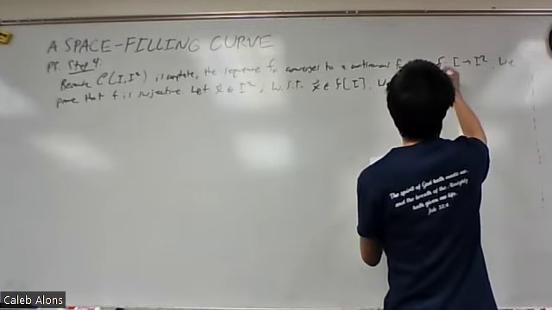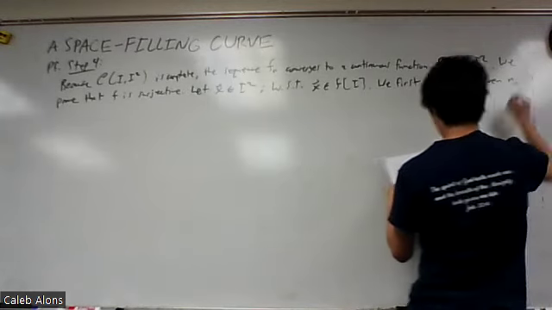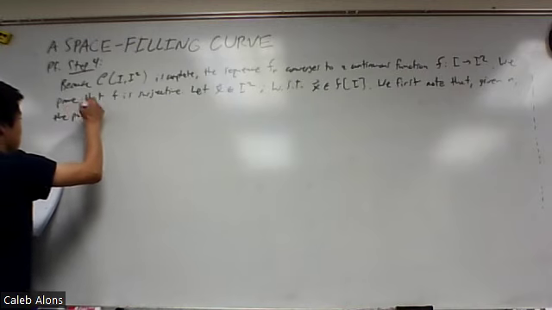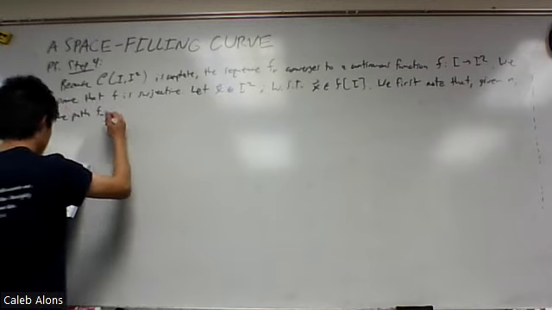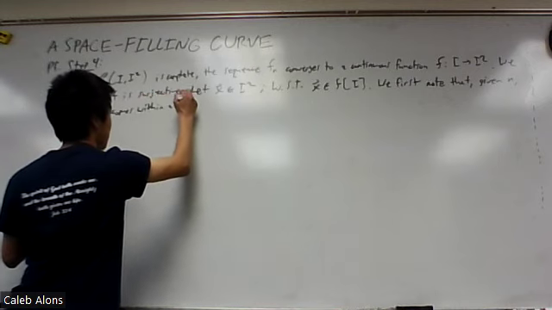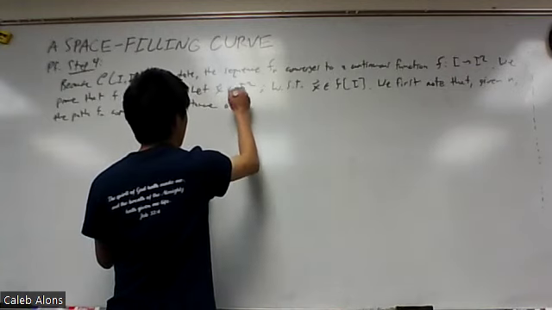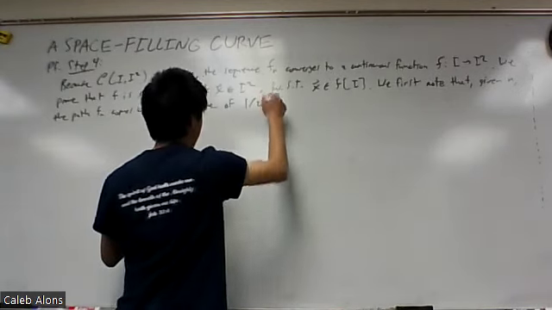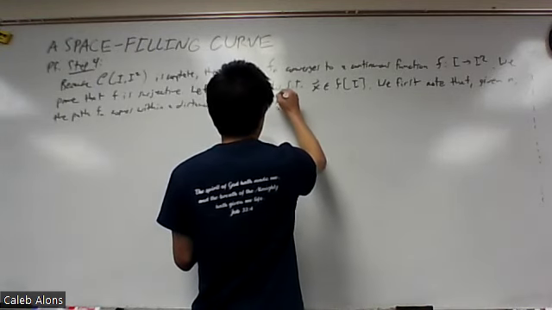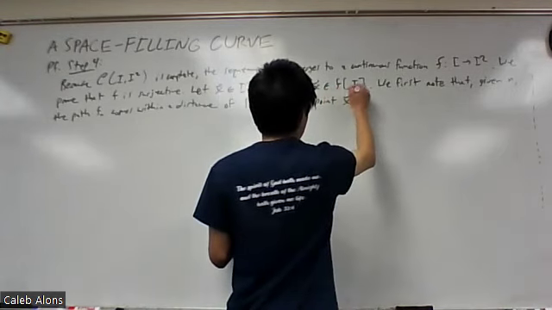We first note that if we're given some n, the path fn comes within a distance of basically which cell you capture it in, so 1/2 to the n, of the chosen point x.